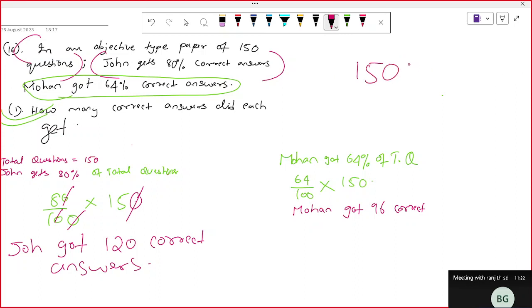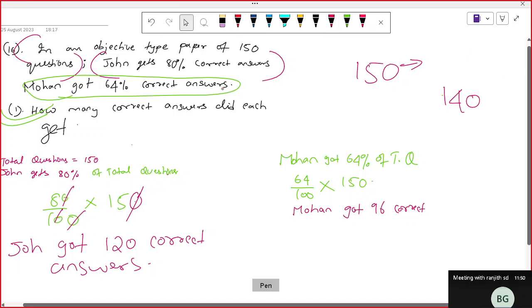So in 150 questions, if Dhriti gets 90 marks, how many right answers has she answered out of 150? 90 correct answers. That's the reason she gets 90 marks. If she gets 140, how many correct answers? 140 correct answers. So instead of giving numbers, they've given it in percentage.